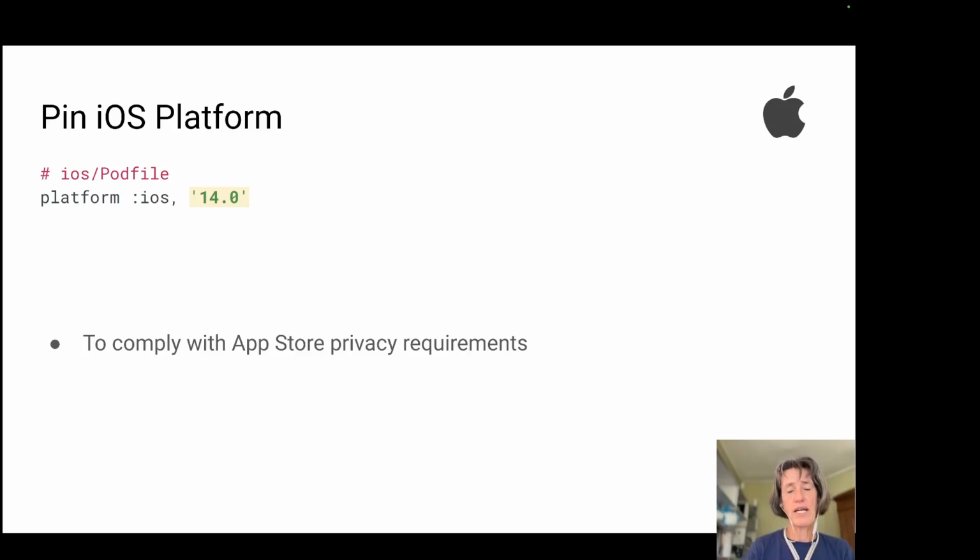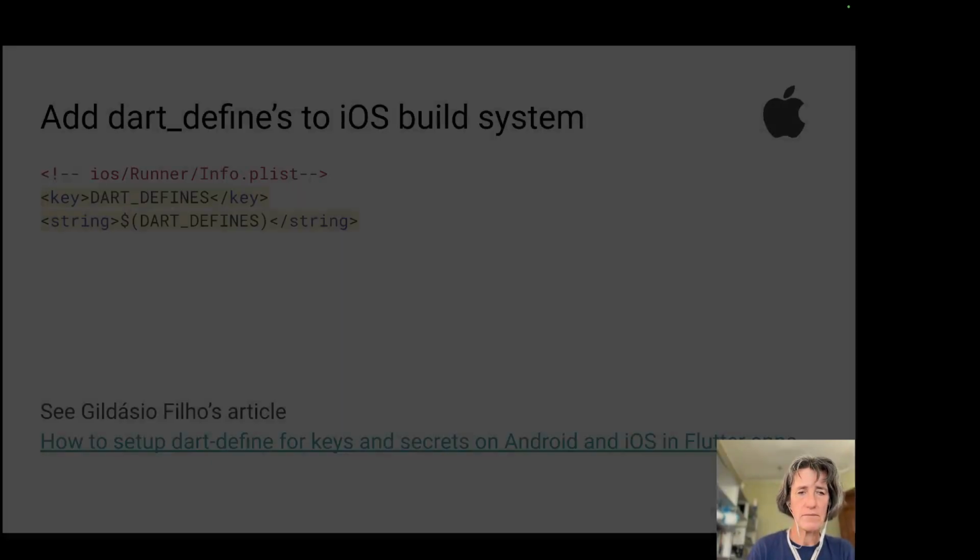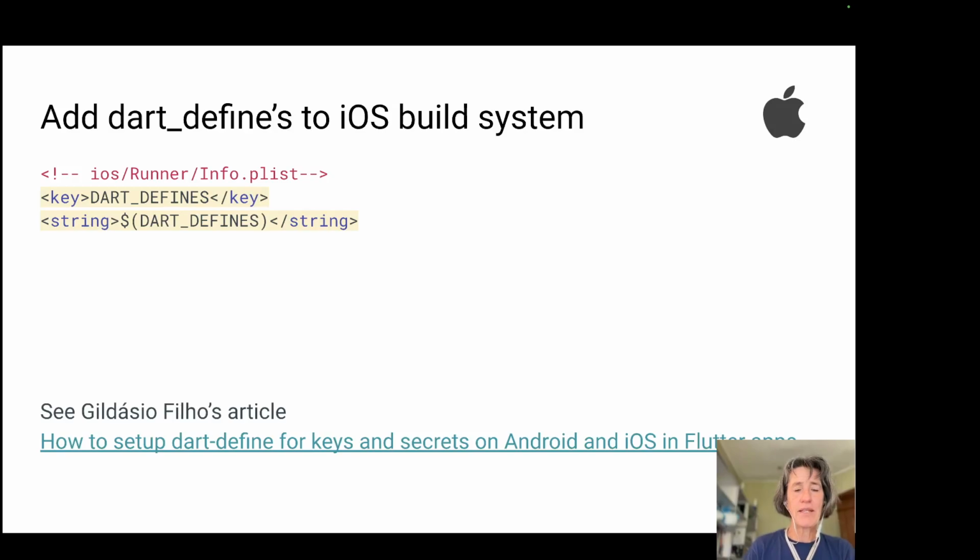Now we're moving on to the iOS side. There again, we have to pin the minimum platform. In this case, it is 14, and this has to do with the Android store privacy requirements. And then again, on the iOS side, we can use Dart defines.